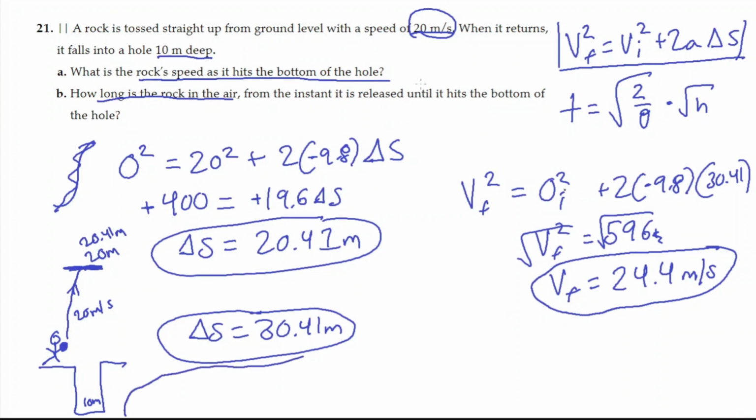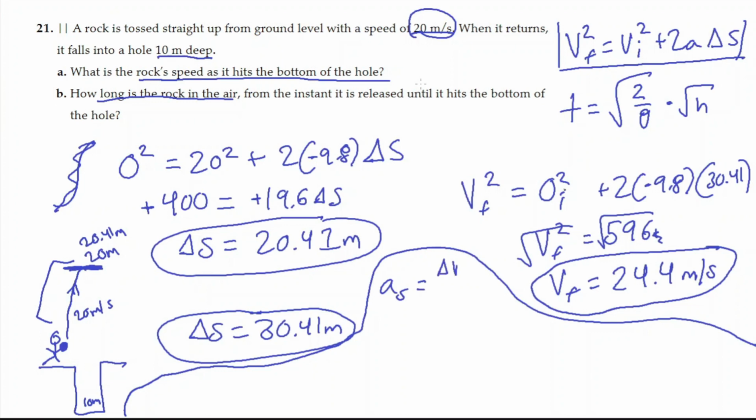So what we're going to do is keep that broken equation right here. In order to find the total time, first we're going to find the time from when he threw it to when it peaked. Since that's not free fall, we can't use the free fall equation. So we can use the equation acceleration equals delta v over delta t, because we know acceleration and we know delta v.